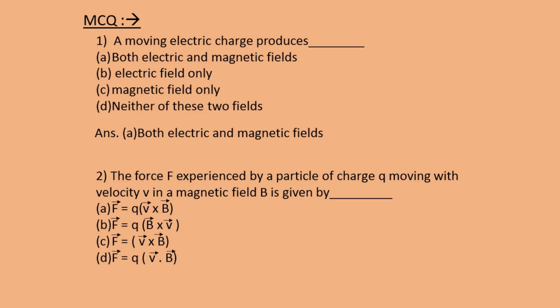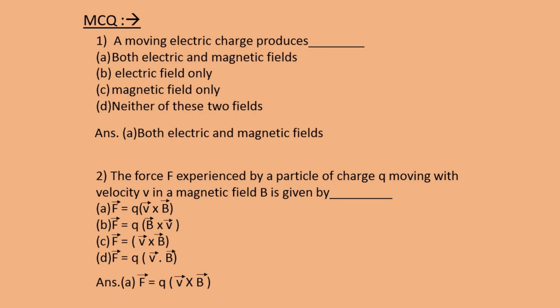Now see, according to the magnetic force, we can write the answer F vector is equal to Q into bracket V vector cross B vector. If we consider the second option, there is B vector cross V vector. As it is a vector product of two vectors, we can't write B vector cross V vector. And in the third option, Q is missing, so that will not be the correct option.